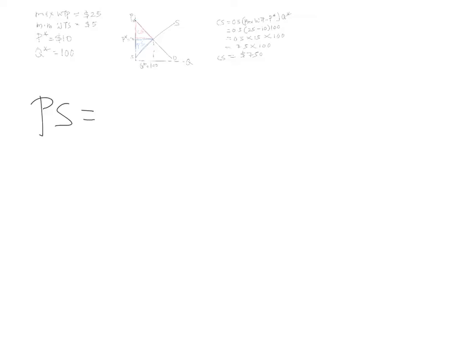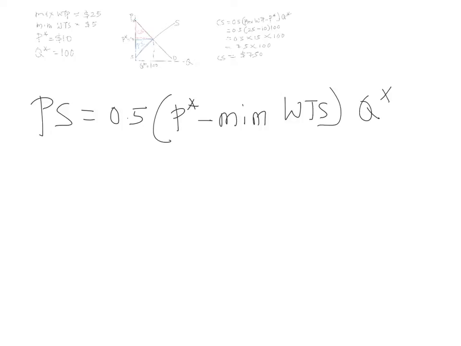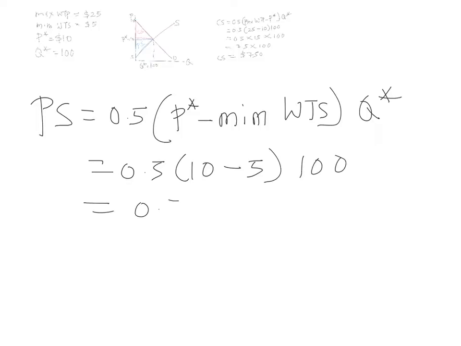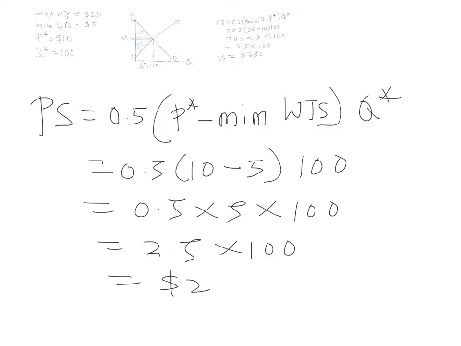Producer surplus, again 0.5 because it's a triangle. You take the equilibrium price minus the minimum willingness to supply, or the marginal cost, same thing, multiplied by the equilibrium quantity. Equilibrium price $10, minimum willingness to supply $5, multiplied by 100, and you just solve for this. $250.